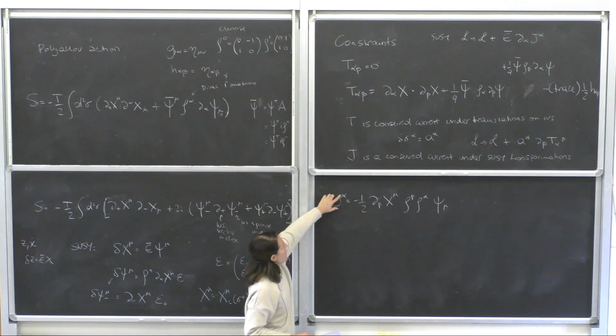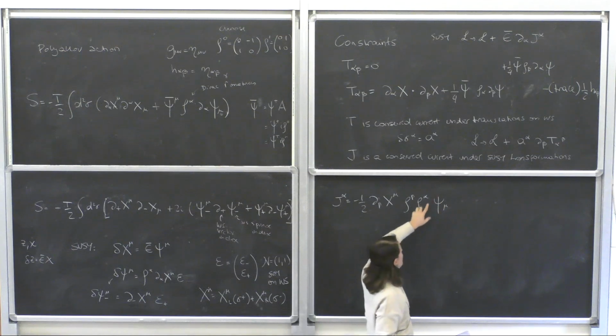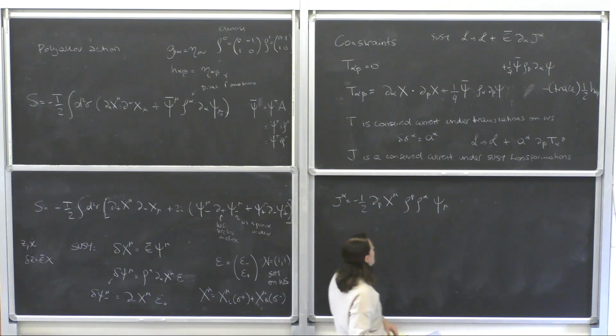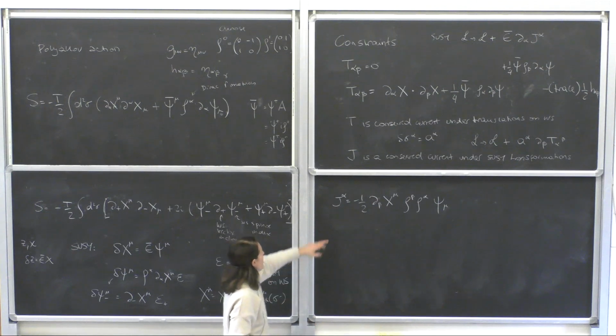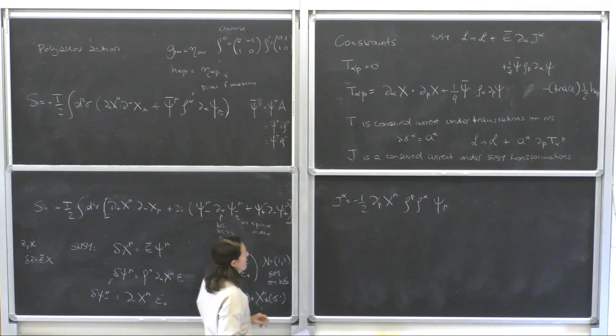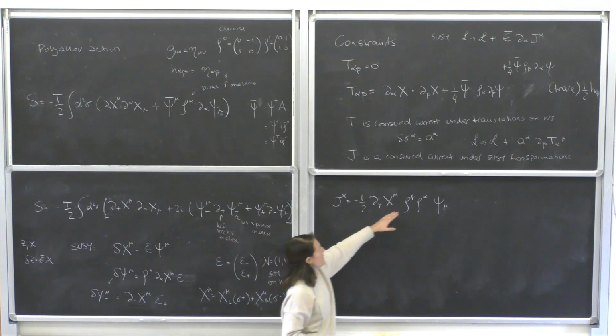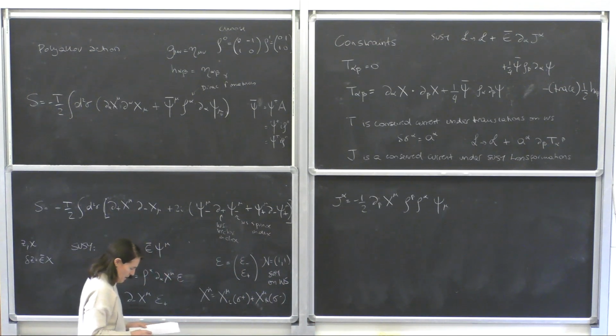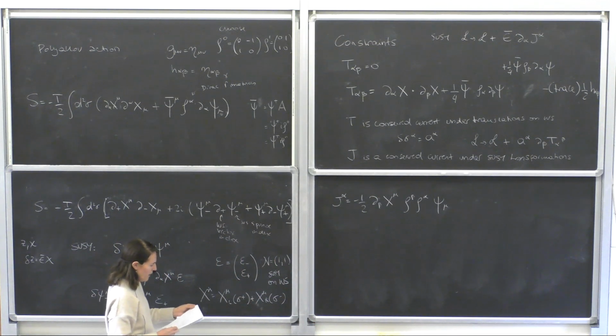This is a vector index, but because psi mu has a spinor index, psi mu is a column spinor with two components. This has two components. And it mixes the x's and the psi's, as one expects from being a supersymmetric current.